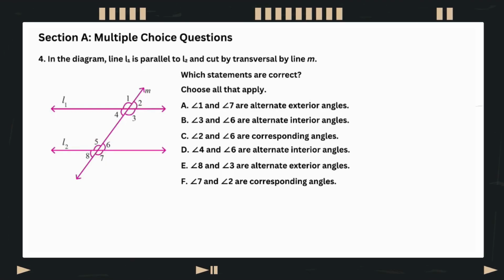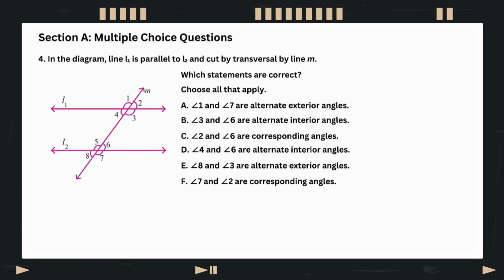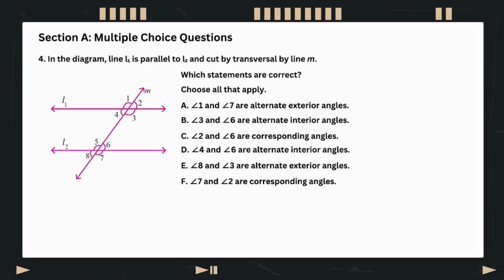On the other hand, angles 3, 4, 5, and 6 are interior angles. Angles 4 and 6 are congruent because they are alternate to each other, or we call that alternate interior angles. Angle 3 and angle 5 are also alternate interior angles.